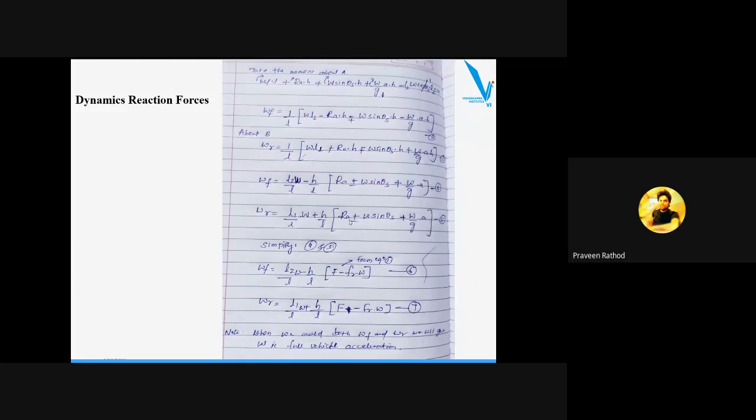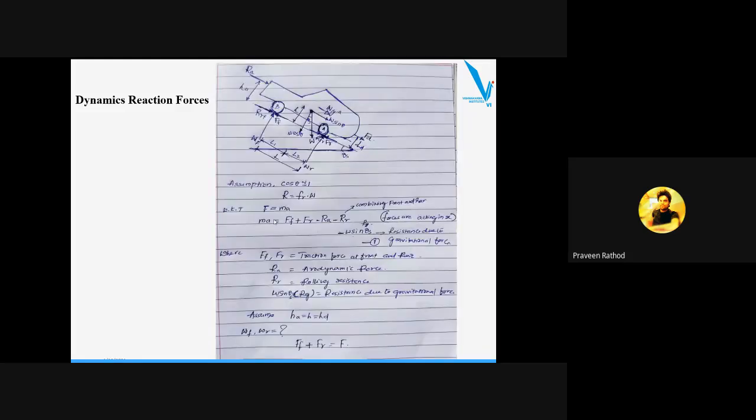So अंदर का RA plus W sin theta plus W by G. So with reference to this equation, what will it be? W by G plus RA plus W sin theta. So this can be written as F. Okay, F can be written.